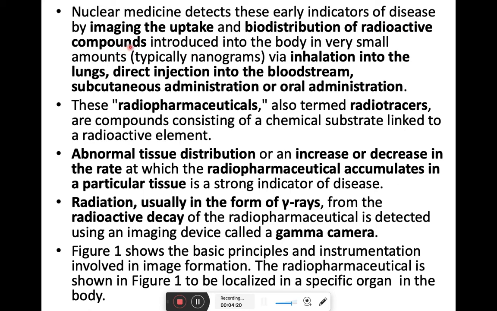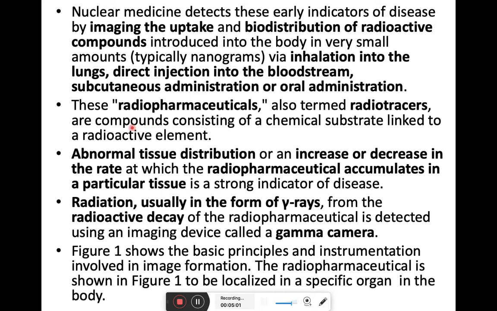In this case, it is injected or introduced into the body, but in very limited amounts, usually in nanograms, either by inhalation into the lungs, or by direct injection into the bloodstream, or through subcutaneous administration, or by using oral administration. So these radiopharmaceuticals, we also call radiotracers. They trace these early diseases.